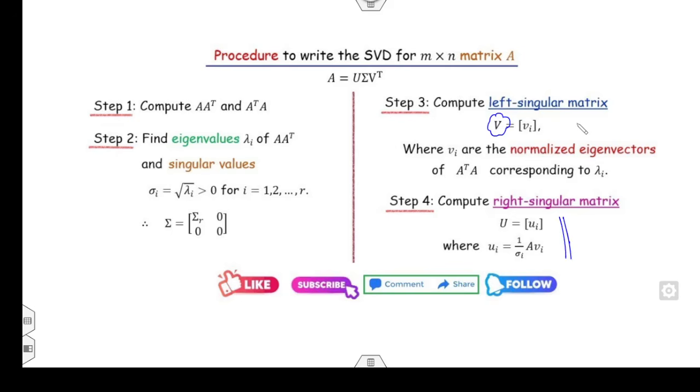On the other hand, if in step number 3 you calculate U, then you can calculate the value of V as 1 over sigma i, here instead of A it is A transpose of u i. The choice is yours, you can do it either way. I will show you both methods in this video.